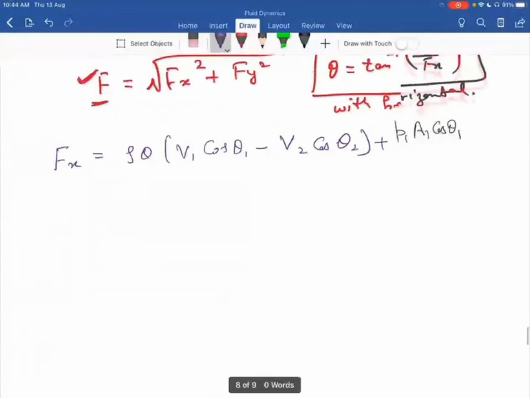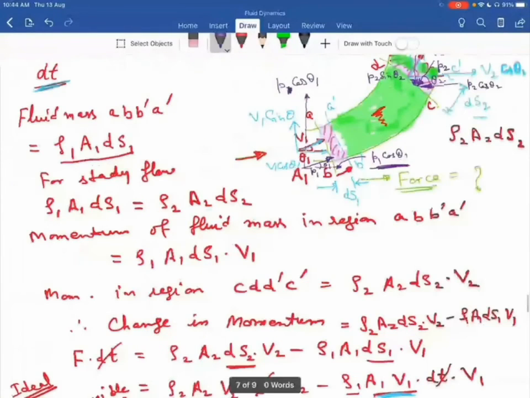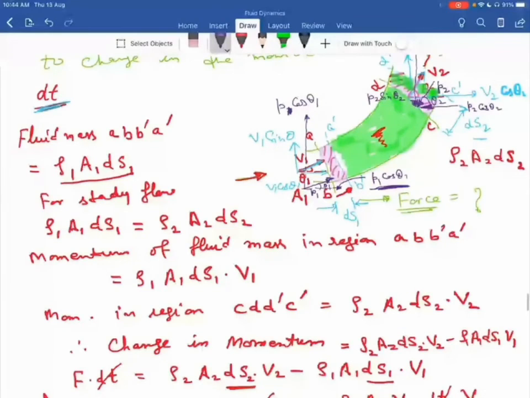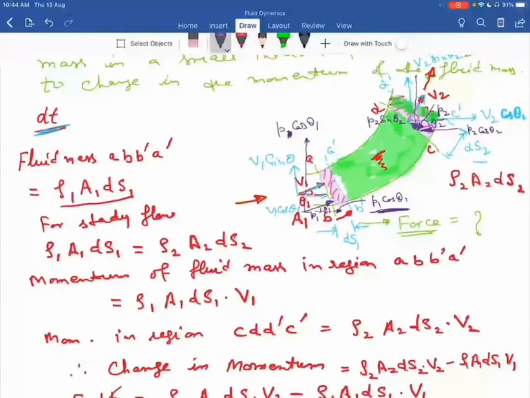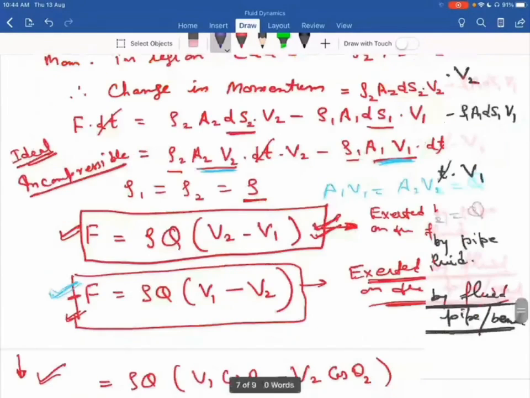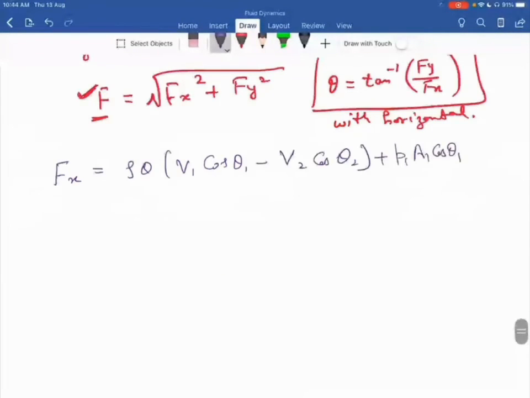Okay. Now you see on second section. So that second section you have P2 cos theta 2 in the opposite direction. So this is the intensity multiplied by area give you the force. So that becomes minus P2 A2 cos theta 2.